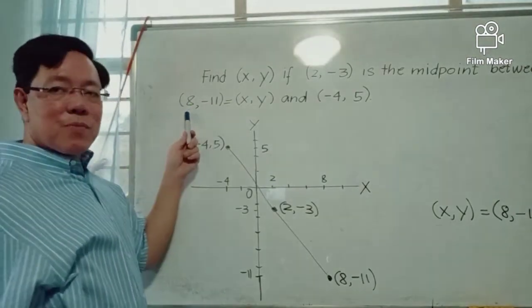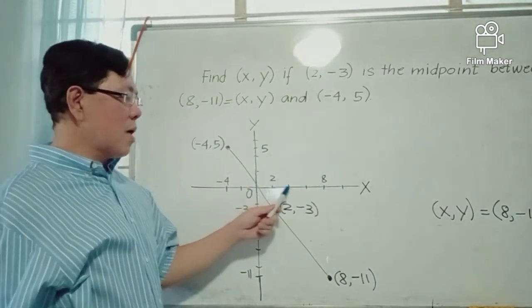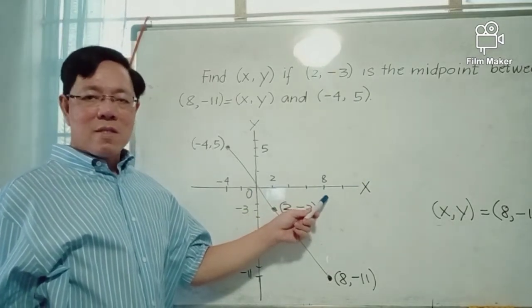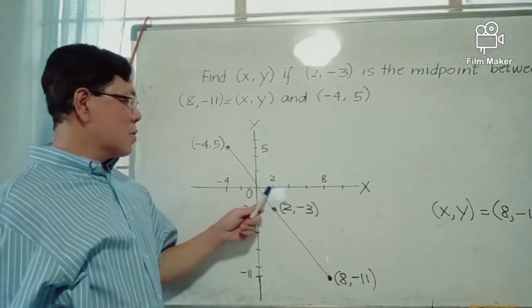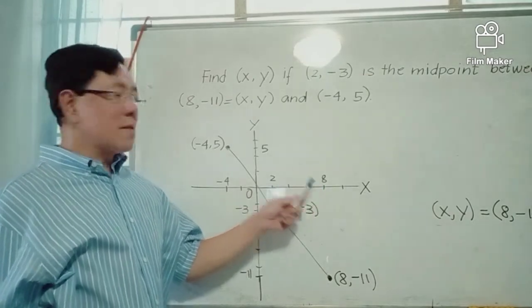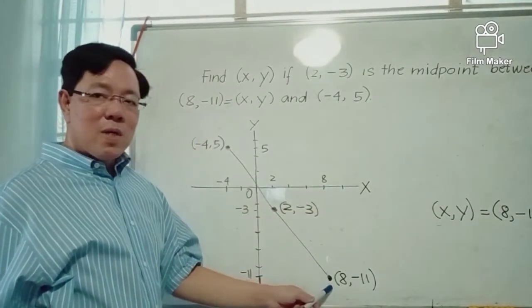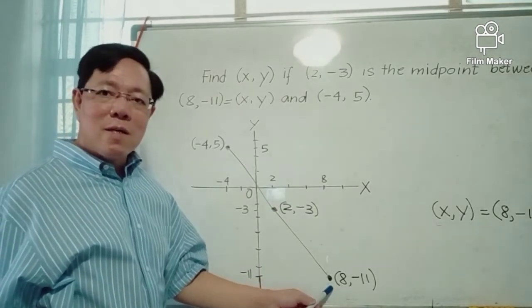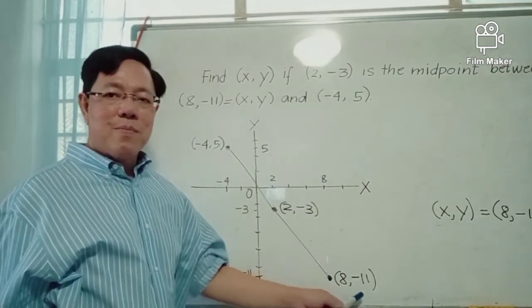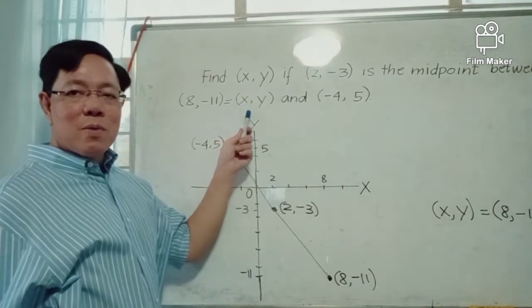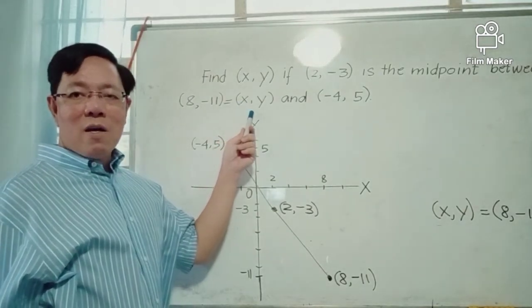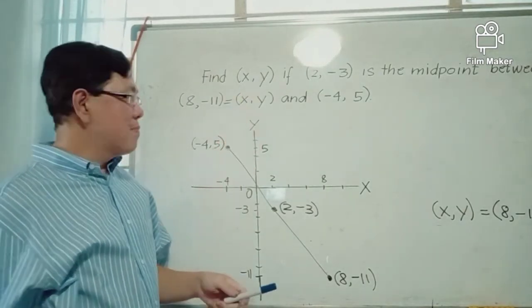Count 8 units from the origin to the right, to the positive x-axis. We have 0, 2, 4, 6, 8. From 8, count 11 units downward. And we get the point with coordinates 8, negative 11. The point whose coordinates are unknown in the given problem.